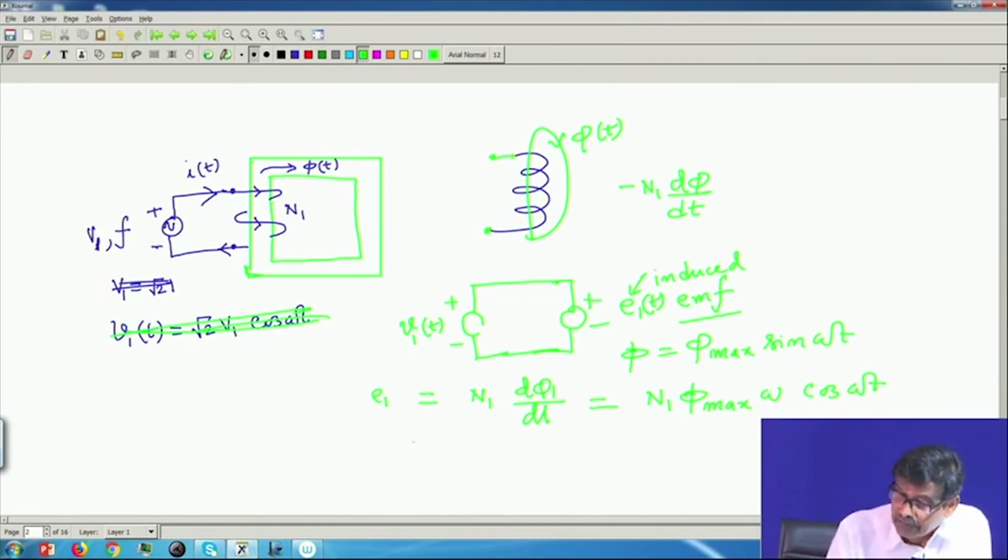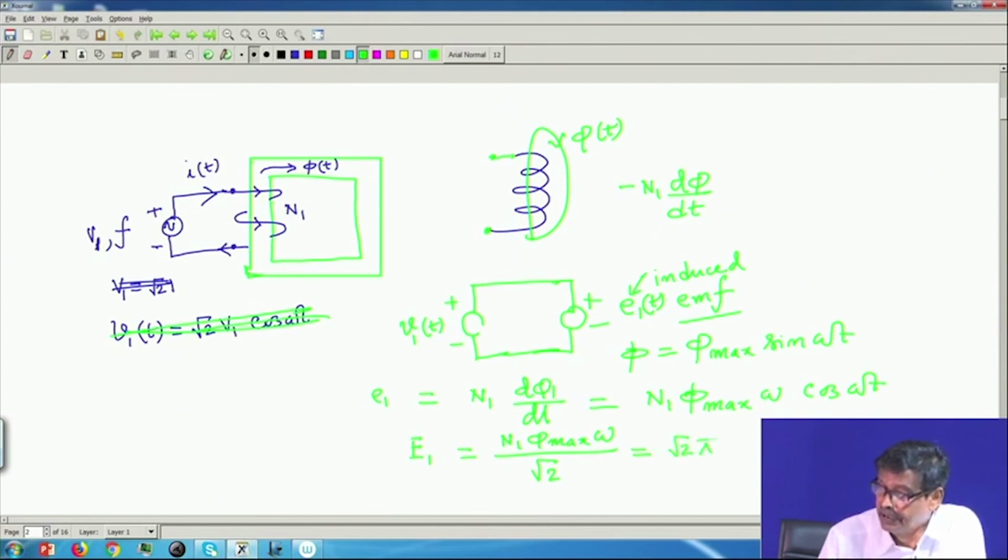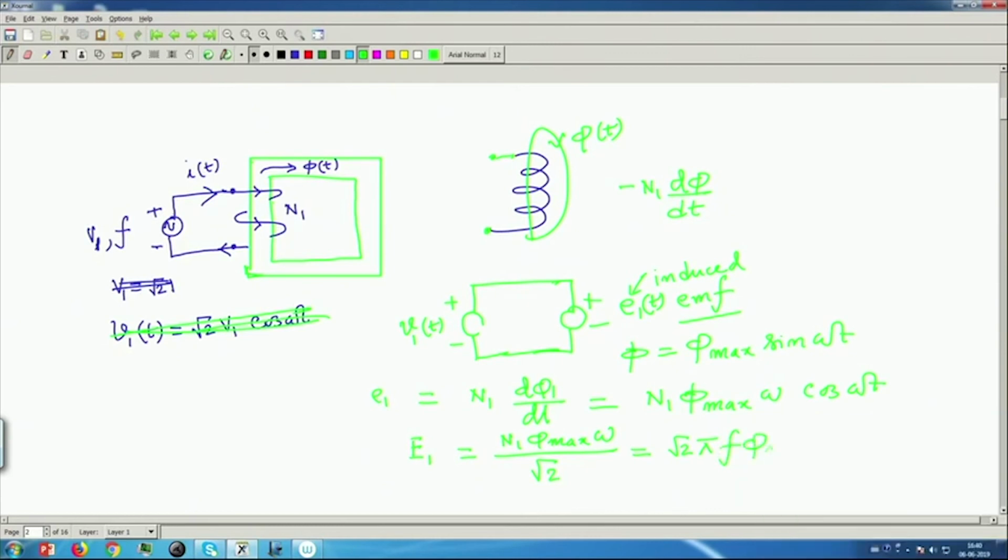So, what will be the RMS value of that voltage? It will be the peak value of the voltage, phi max omega, by root 2. For omega, if you substitute 2 pi f, it will become root 2 pi f phi max into N 1.